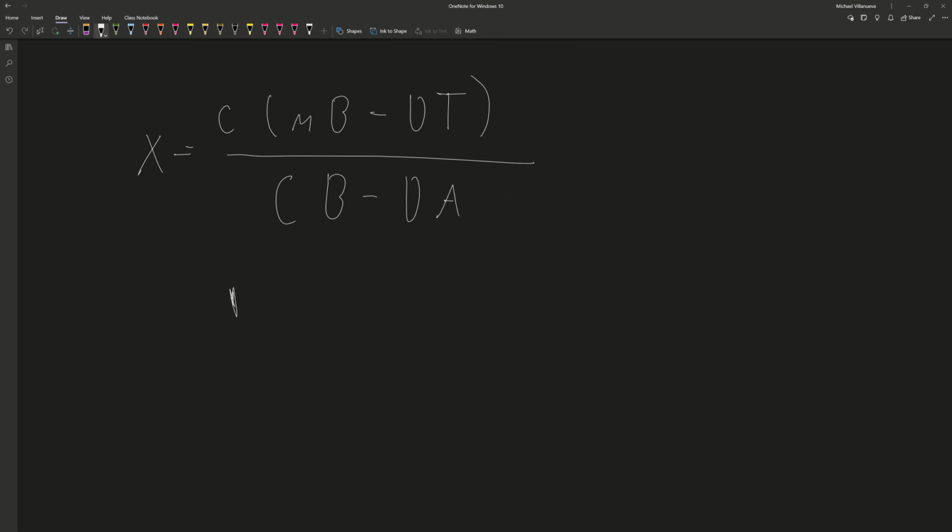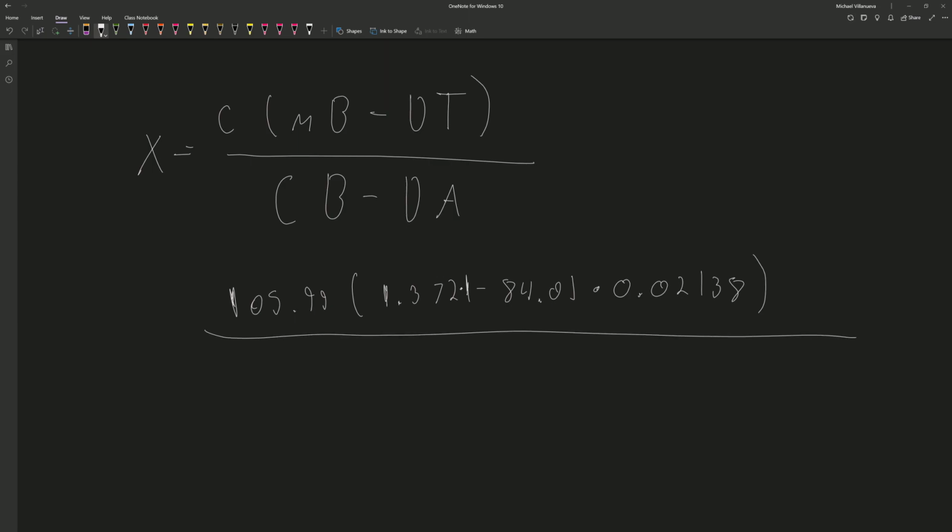We get 105.99 multiplied by (1.372 minus 84.01 multiplied by 0.02138), close parentheses. So I have M, and B would be multiplied by 1, I have D T, all over C B. C is, again, 105.99.